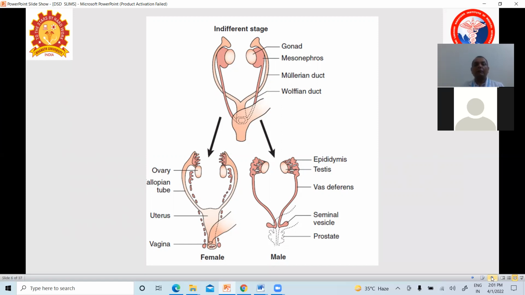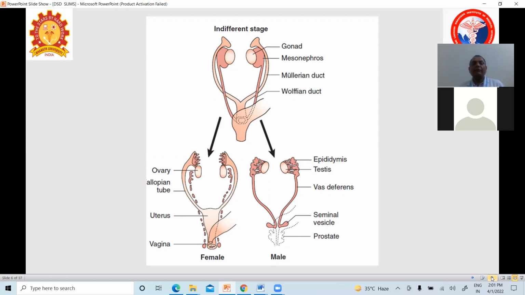But with the signal from the SRY gene, the Wolffian duct will develop into epididymis, vas deferens, and seminal vesicle. The SRY gene signaling pathway induces the Leydig cells to secrete testosterone.